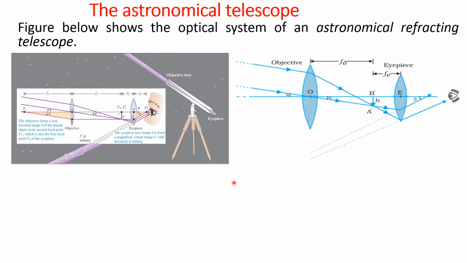The difference between the compound microscope and the astronomical telescope is that for the compound microscope, the objective has a smaller focal distance compared to the eyepiece, while for the astronomical telescope, the objective lens has a larger focal distance compared to the eyepiece.